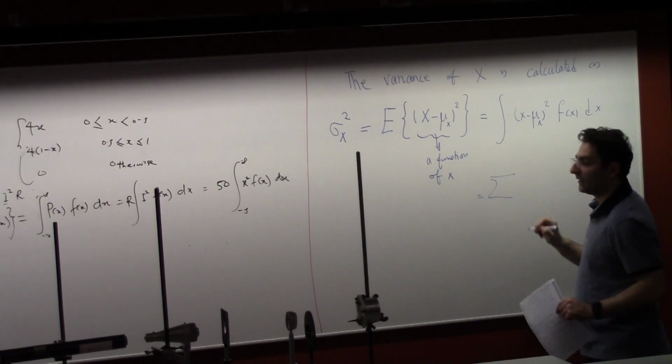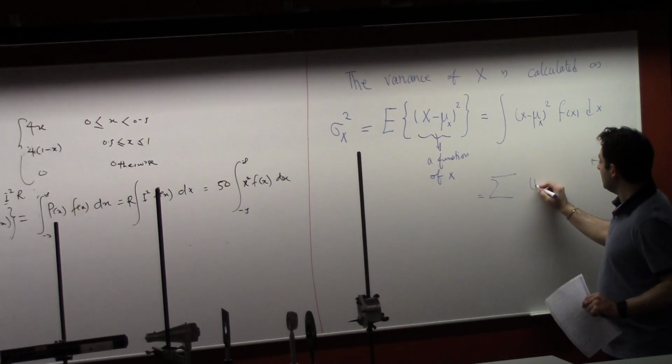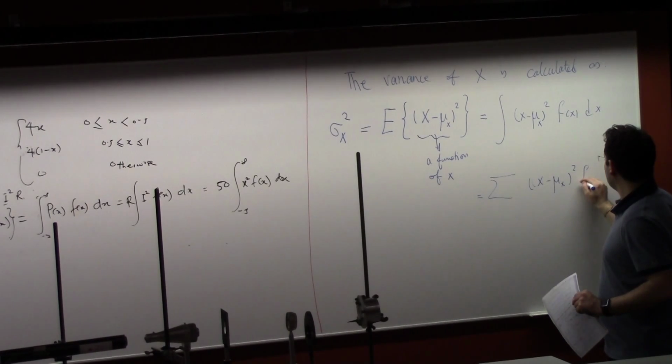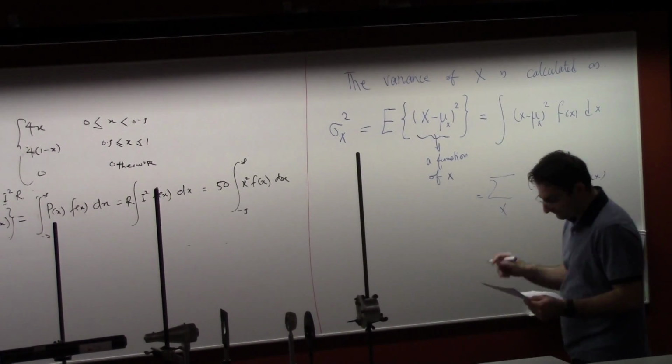Or in case of being discrete, it is the sum over x of (x minus mu x) squared f(x).